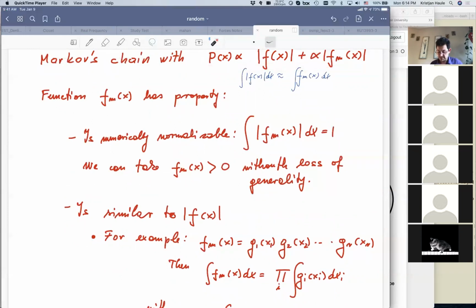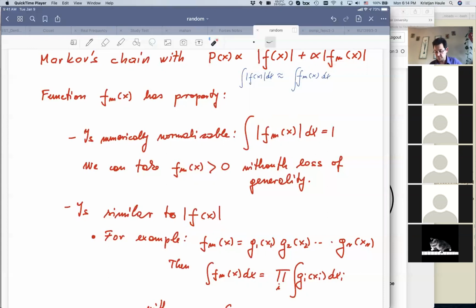What we want is that this fm is sufficiently similar to f of x, the same idea as in the Vegas algorithm.